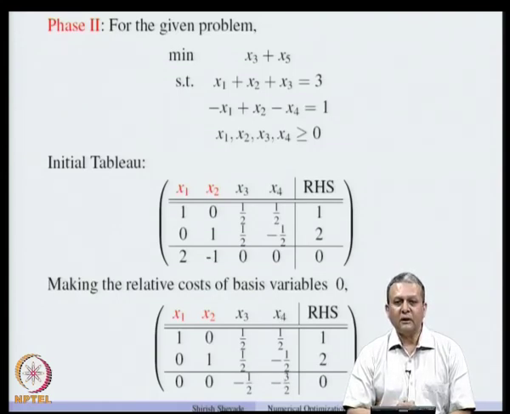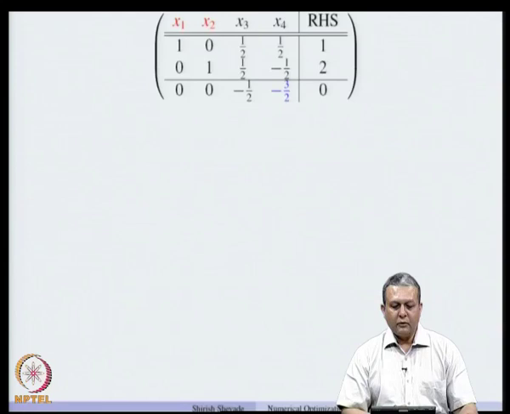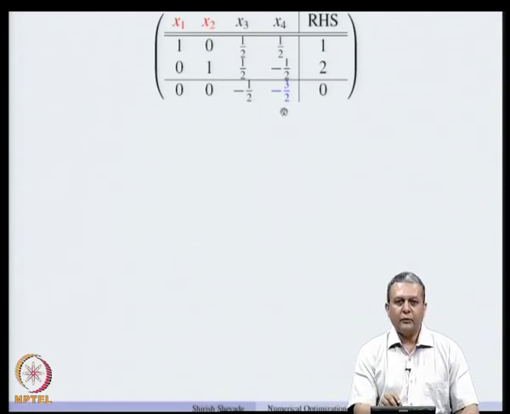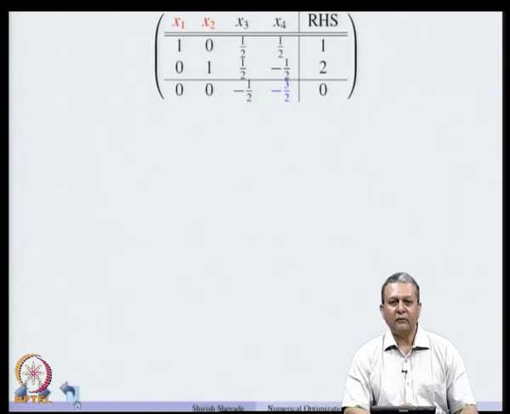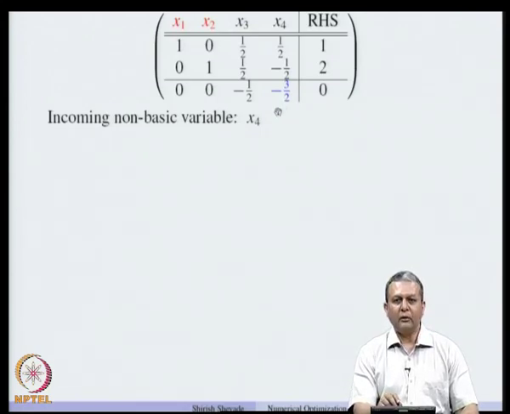So, that means there is a scope to improve the objective function. Now, note that the current objective function is 0. So, suppose we decide to use x4 as an incoming basic variable. Now, if x4 is the incoming basic variable, because the relative cost of x4 is negative, then we have to find out the outgoing basic variable.